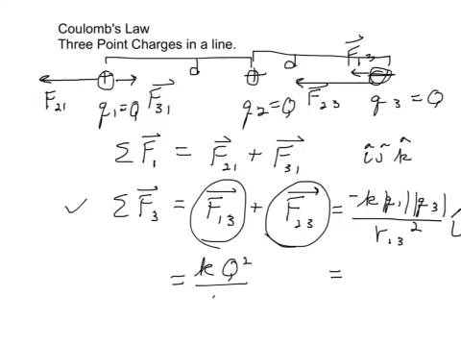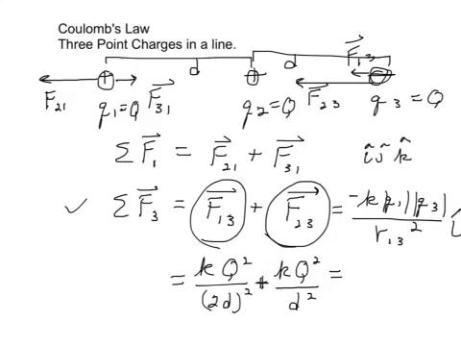So that would be 2D squared, or you could write it as 4D squared. You're going to add to that the force of 2 on 3. So again, it's K, and since all the charges are equal, it's going to be Q squared. And now the distance from 2 to 3 is only a distance D, so this is D squared.